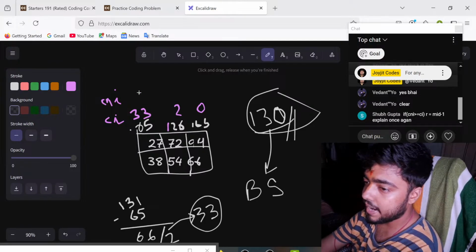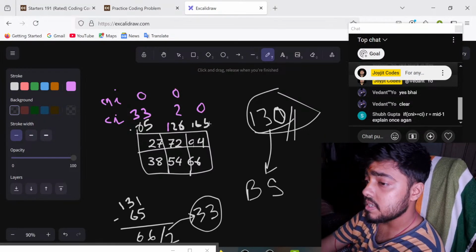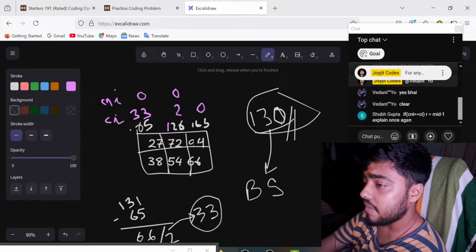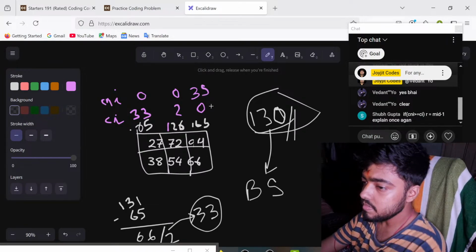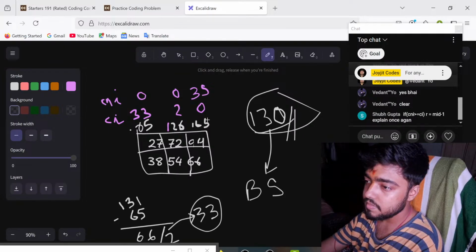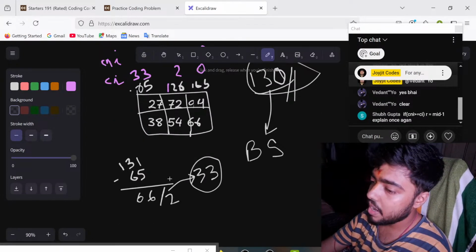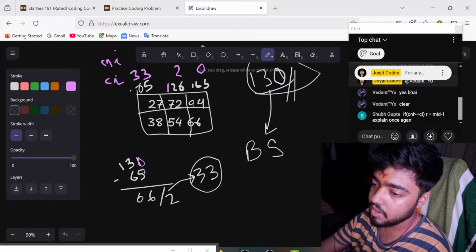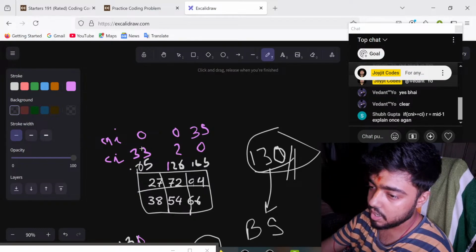It is also negative, so it is going to be 0. 126 minus 130, negative, so 0. 165 minus 130, that is 35, right? Okay, I made a mistake. It is 130 minus 65, so that is 65 by 2, that is 32 actually. Okay, this will be 32.